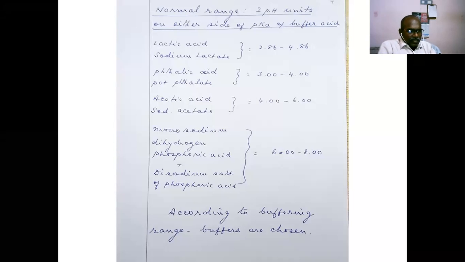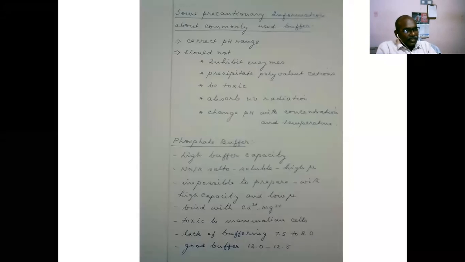Okay, now look, so these are some precautionary informations about commonly used buffers. When you choose a buffer for biochemical reactions, you should take that buffer with the correct pH range, and the buffer should not inhibit enzymes. See, biological systems have plenty of enzymes, and these enzymes should not be inhibited by the buffer which we are going to use.